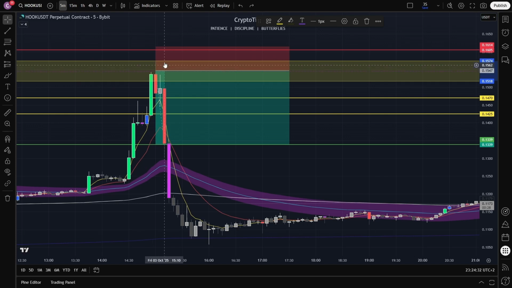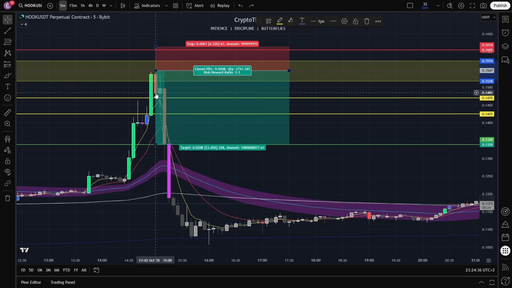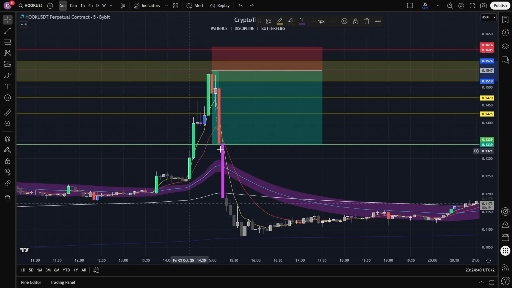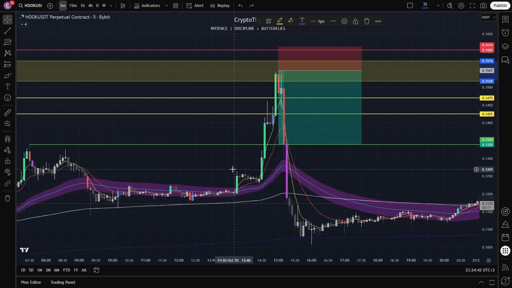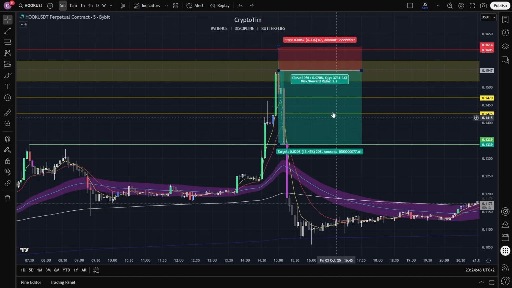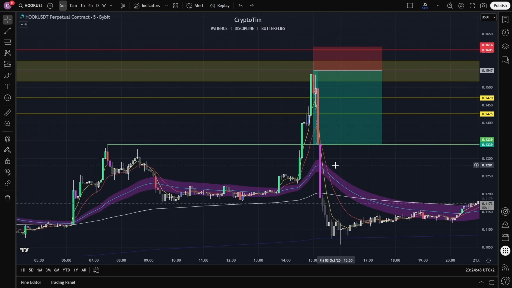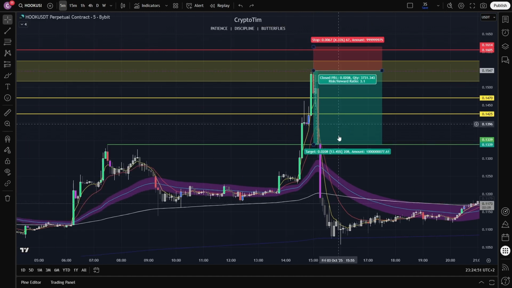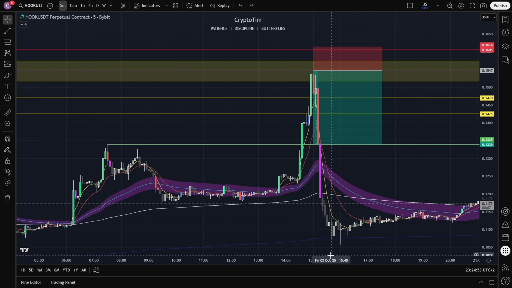And after the vector recovery, we got an instant red vector candle to the downside. And from there, it pretty much fully crashed down. Such a move down, no one can predict this. It just fully crashed down. It pretty much got rug pulled almost, you could say.